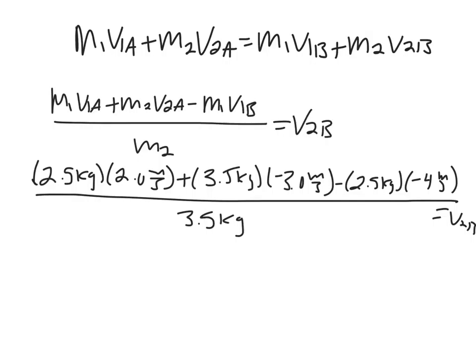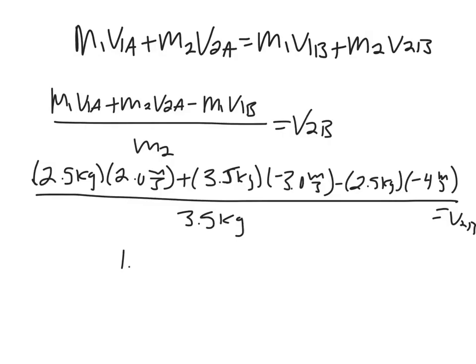So 2.5 times 2 is 5, plus 3.5 times 3 is 10.5, plus 2.5 times 4, so 10. These are all pretty simple numbers, divided by 3.5.